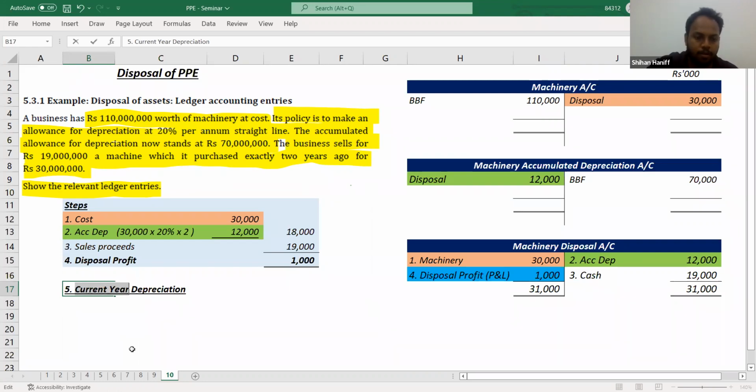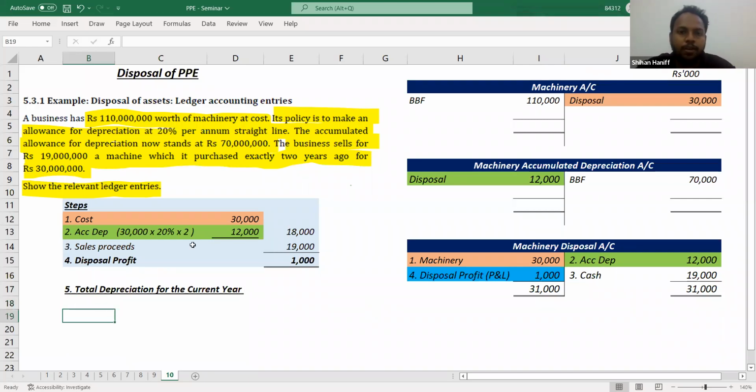So, total depreciation for the current year.